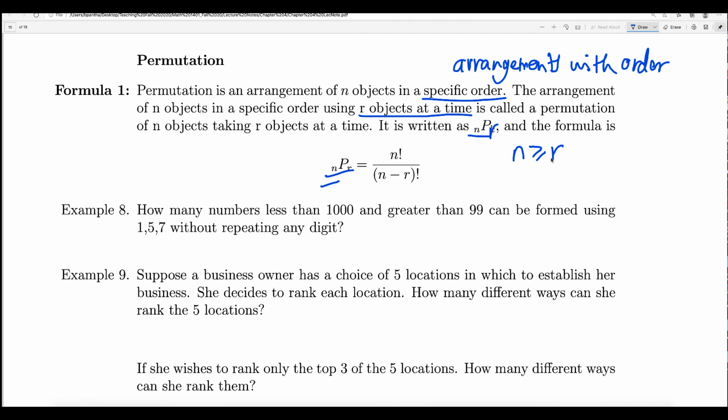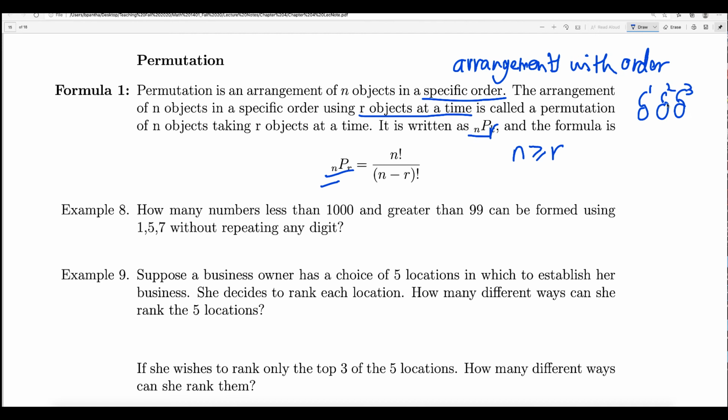For a very simple example, suppose there are three balls, ball number 1, ball number 2, ball number 3.